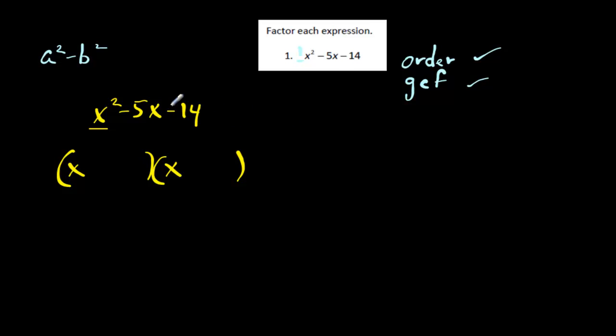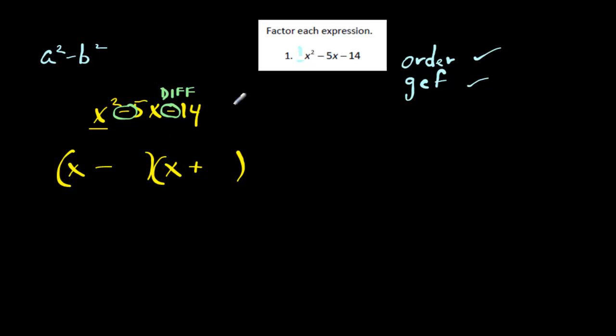The signs tell us that we're going to have different signs, meaning one of these is going to be positive, the other one's going to be negative, and the larger of these two numbers is going to be negative. So the larger number is negative. So we're going to put the negative here and the positive here. And we're going to make sure that the larger of these two numbers is going to be here.